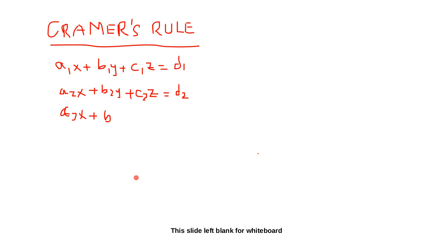Now, if you look at this matrix that we have here, this first column is known as the X column. The second column here is known as the Y column.